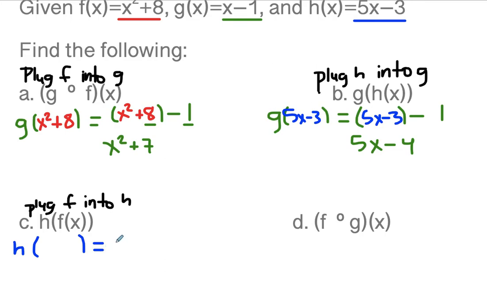And my f value, let's see, is that x squared plus 8. So now I'm going to have 5x minus 3. And what am I plugging in instead of x? Well, I'm plugging in the f value, which was x squared plus 8.